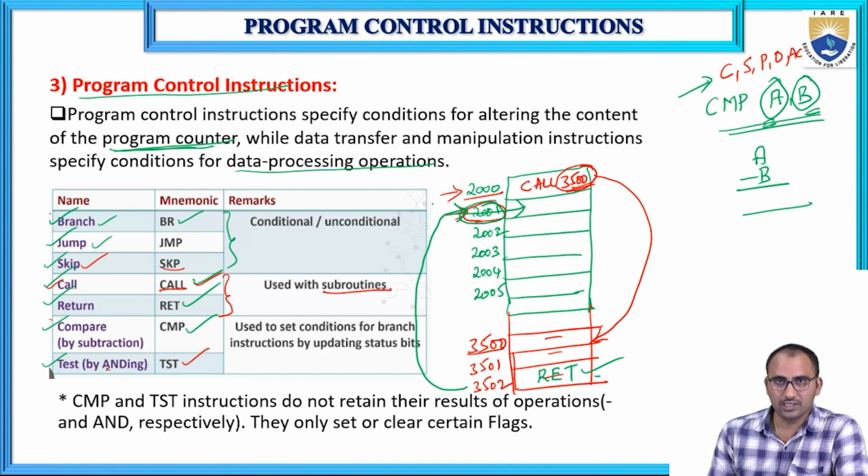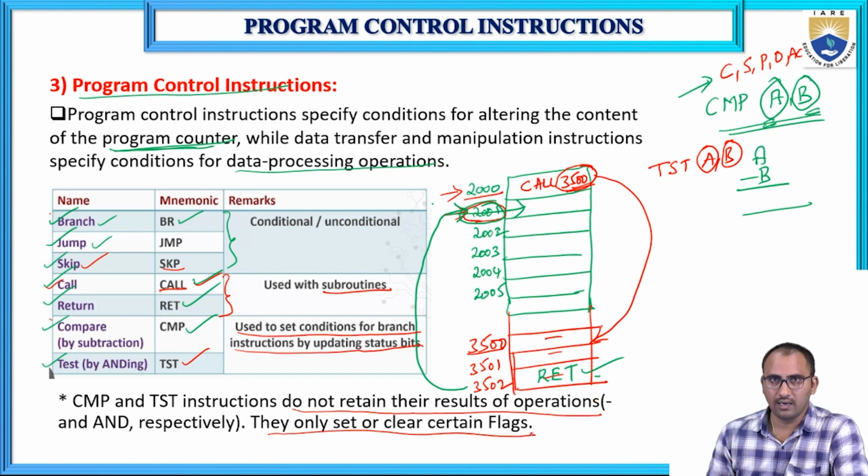This test instruction performs the AND operation, like test A comma B, meaning we perform an AND operation between the contents of these two registers. Compare and test are used to set conditions for branching instructions by updating status bits. They do not retain the results of the operation; they only set or clear certain flags.